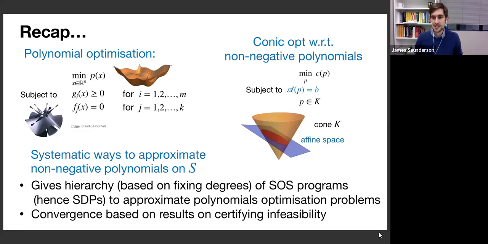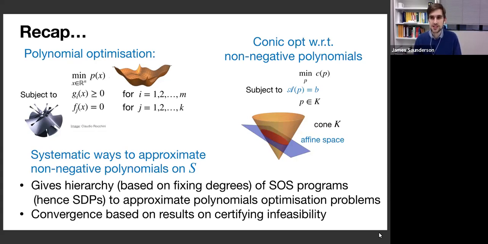And what we saw in yesterday's talk was a really systematic approach to approximate non-negative polynomials on a set, and hence to approximate these conic optimization problems. In particular, we have a bunch of parameters, in particular degrees, bounds on the degrees of the polynomials we're going to use.